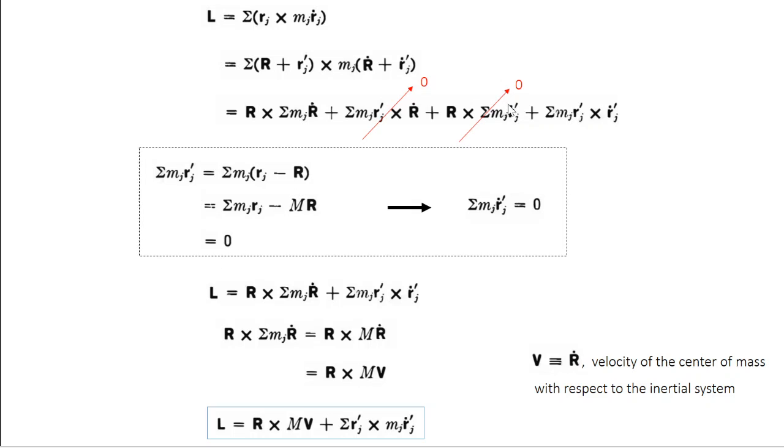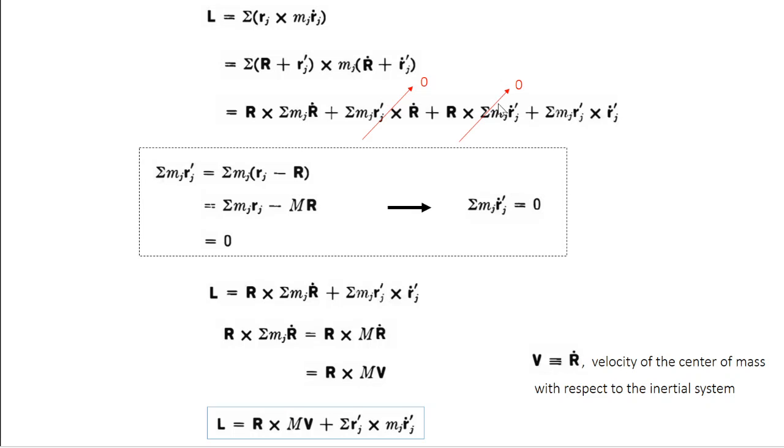Now if you look at the third term, summation over j mj rj prime dot, this is nothing but the derivative of this term, right? Since summation over j mj rj prime is 0, its derivative is also going to be 0. So the third term also vanishes.